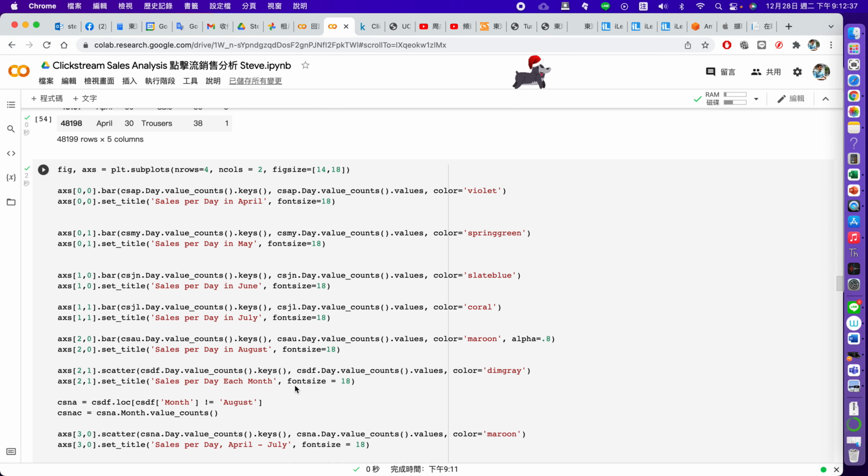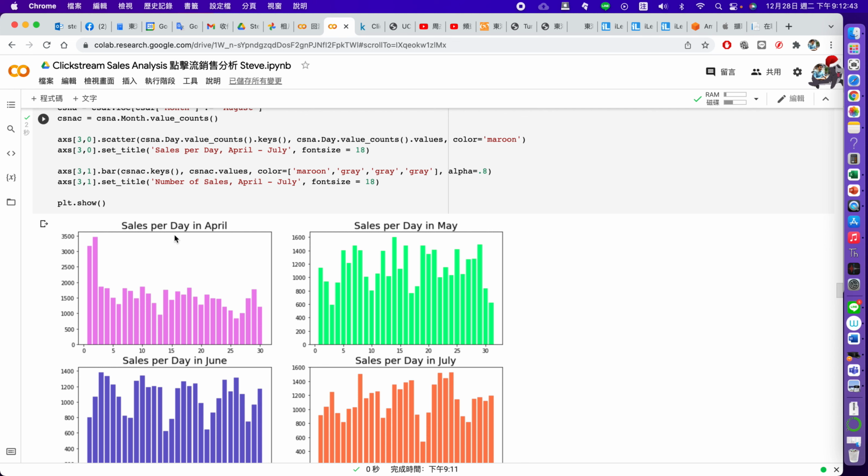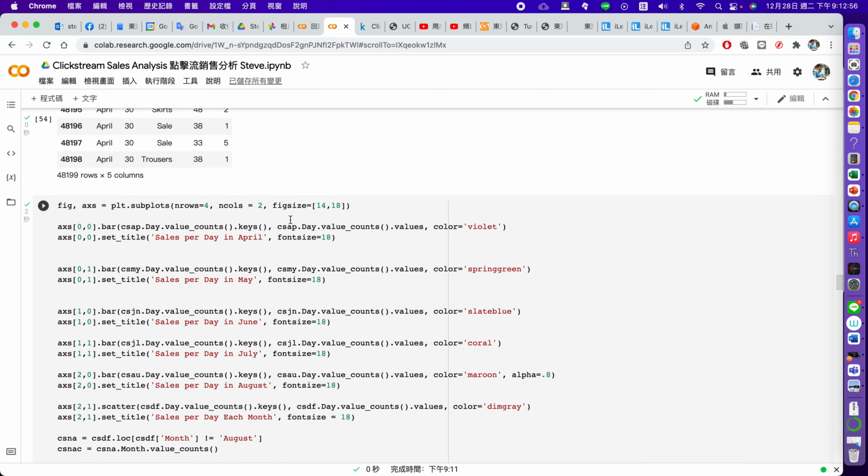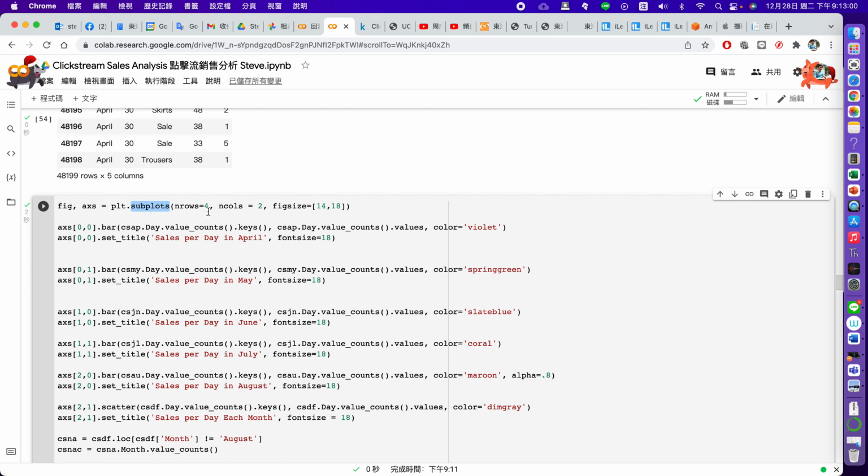Okay, so let us draw the diagram for each day, for sales per day in May, in April, in June, and in July. So we use the subplot also, and we use 4 by 2. There are 8 subplots.